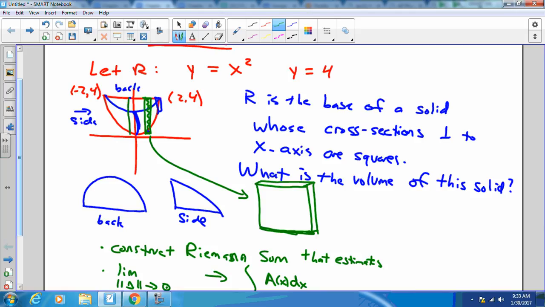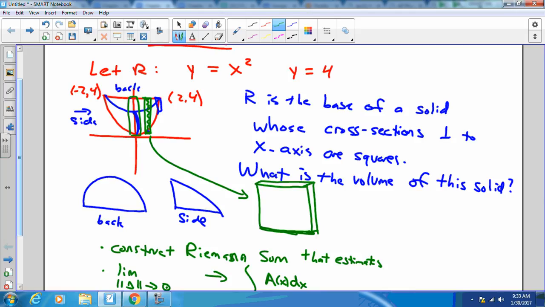My largest square is going to occur right here in the middle, and it's going to be a square that has a length and height of 4. So I cover that entire solid. What I'm doing is constructing an upper sum, a solid whose volume is guaranteed to be larger than the volume of the solid in question here.